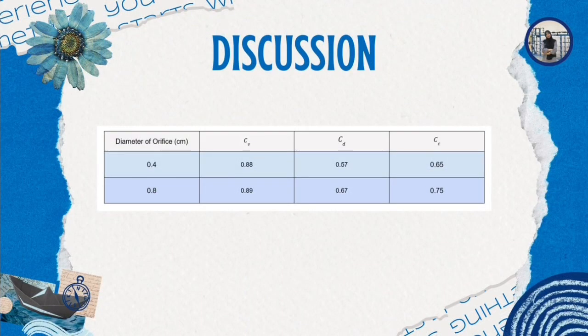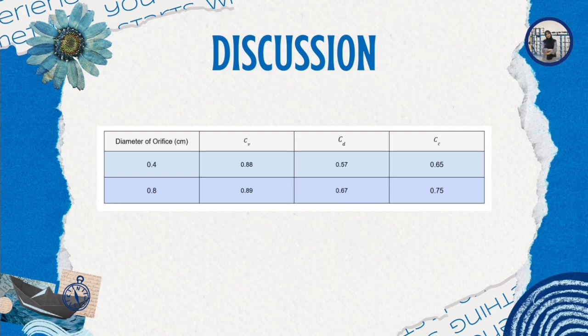I will discuss the results of the hydraulic orifice experiment. Two orifice diameters were tested, which were 0.4 cm and 0.8 cm. The larger orifice produced a higher flow rate because its larger opening allowed more water to pass through. The coefficient of discharge also increased from 0.57 for the 0.4 cm orifice to 0.67 for the 0.8 cm orifice, showing that the larger orifice was more efficient.